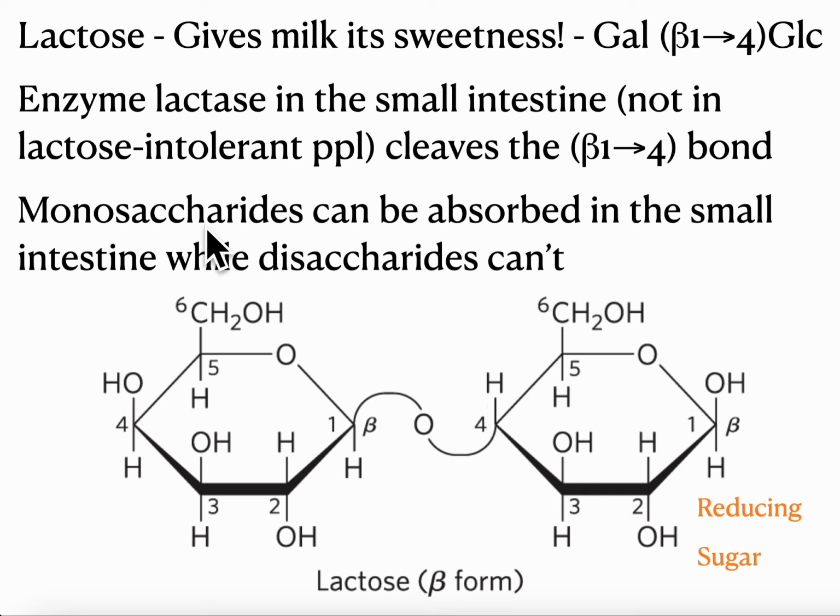And the monosaccharides, which is galactose and glucose in this case, can be absorbed in the small intestine, while disaccharides cannot.